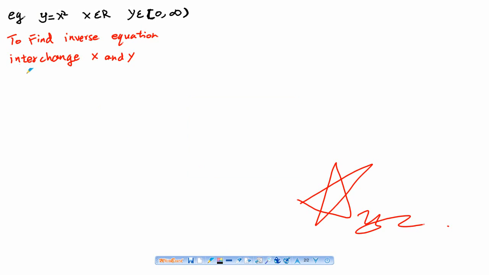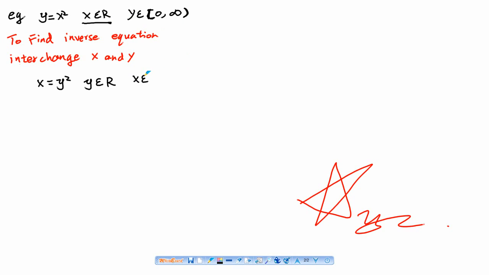So the inverse function will be x equals y squared, and the domain of the original function will become the range. x belongs to R will change to y belongs to R. Similarly, the range of the original function would become the domain of the inverse graph.